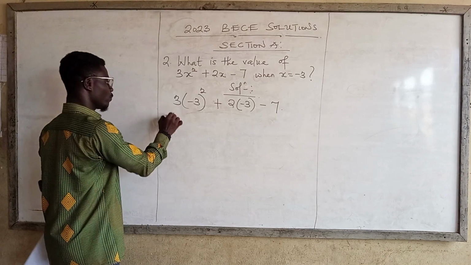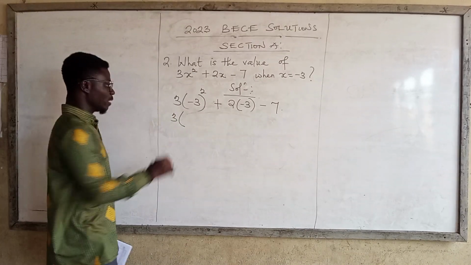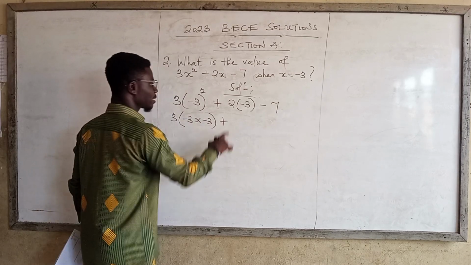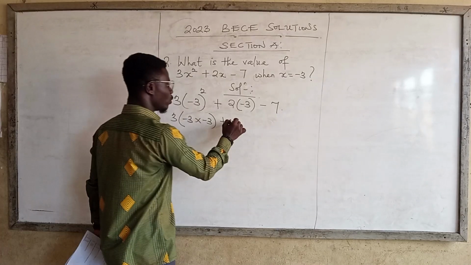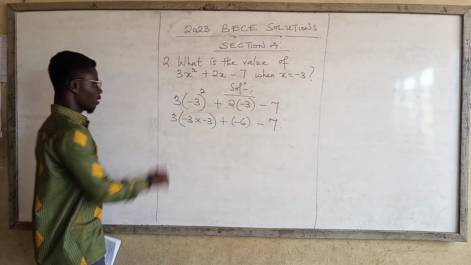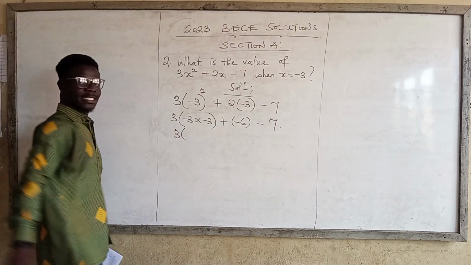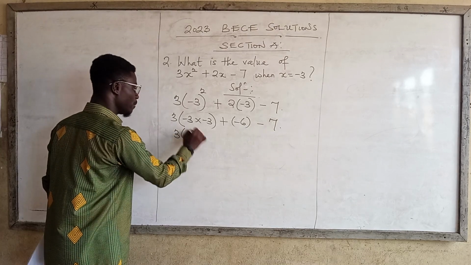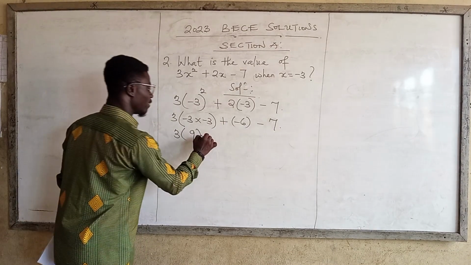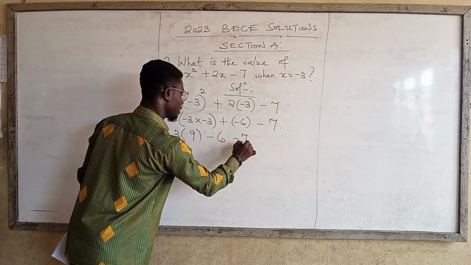Negative 3 times negative 3 is positive 9, then positive times negative gives negative 6, minus 7.